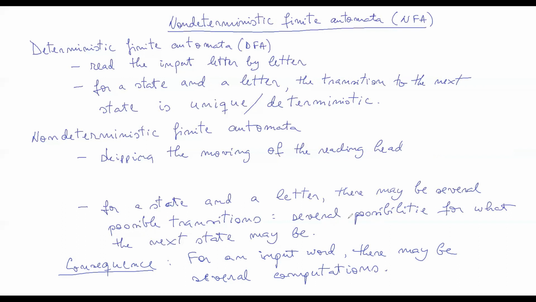Since in a step you might have several different possibilities for how to change the state, that obviously leads to several, potentially many different computations for a given input word. And so that brings us to the concept of accepting or rejecting an input word.